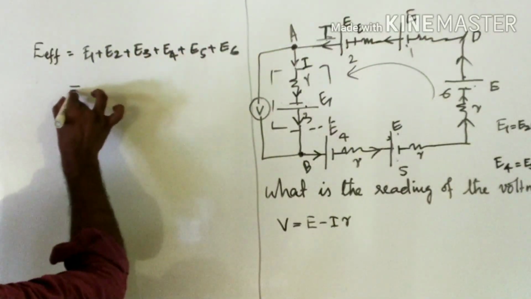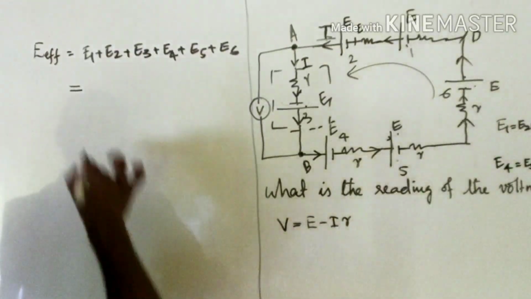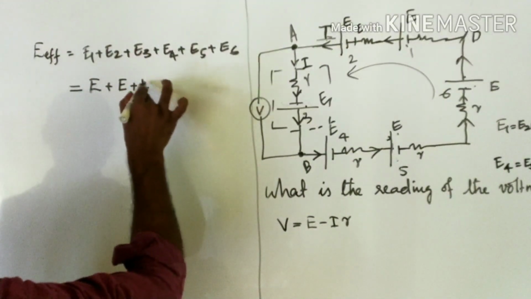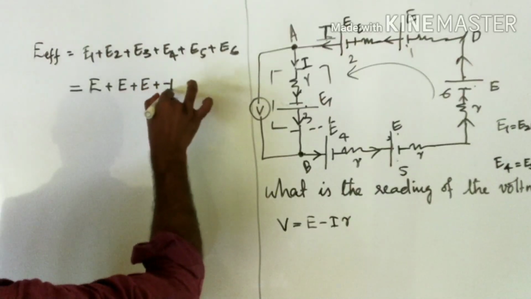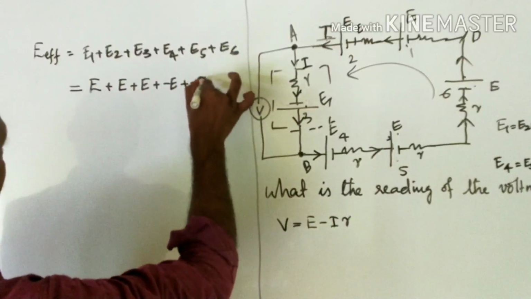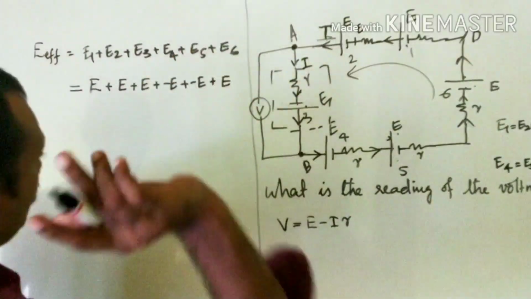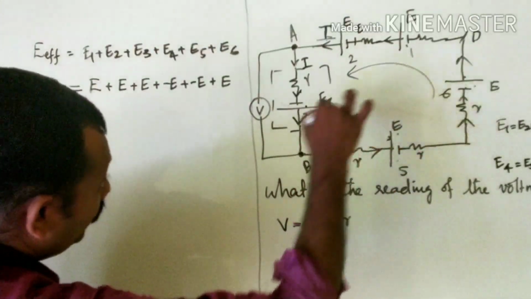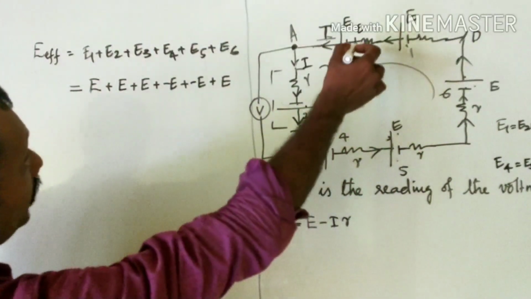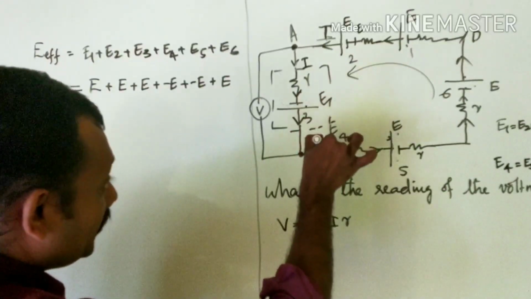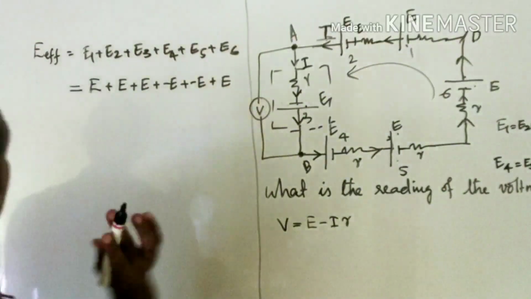Which means E1 is equal to plus E, E2 is equal to plus E, E3 is equal to plus E, E4 is equal to minus E, E5 is equal to minus E, E6 is equal to plus E. Hope it is clear to you. These two are connected in the reverse order. Positive, positive. In all other cells, positive is connected to the negative. Here, positive is connected to another positive. That is the reason why it is reverse order, right?